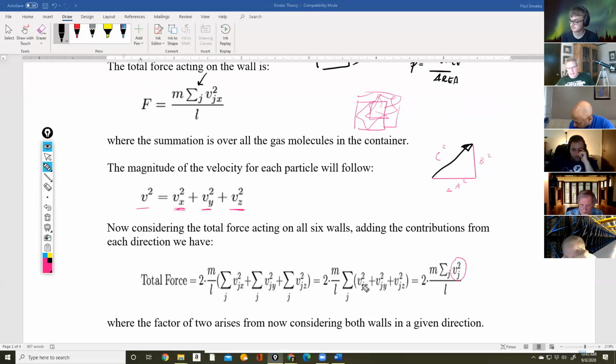What we're doing is taking the x, the y, and the z component squared, which is nothing more than the actual component. Remember that this j represents the number of molecules. Yeah, what you have circled on the right, that v is in 3 space. Exactly. So j is the number of molecules that they're summing up.